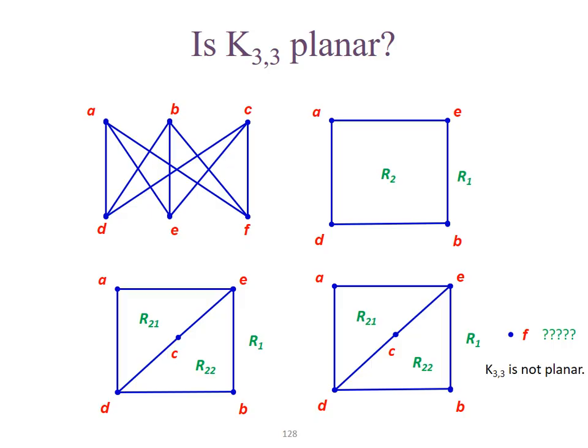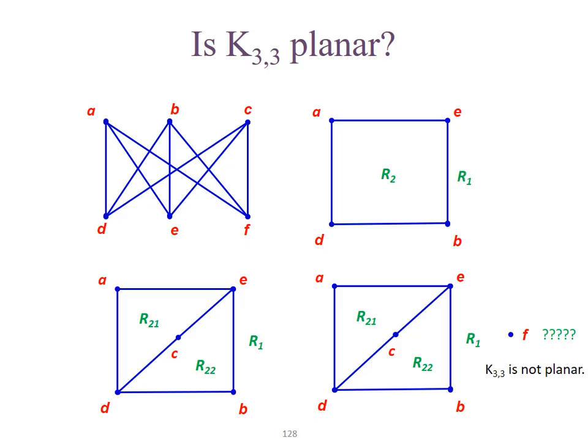So let's see what happens if we put F in the region R21. Okay, so F connects to A, B, C. Once you put F here, then connect to A, connect to C. But when F connects to B, we produce edge crossings. So F cannot be put in R21. So there's R22. Let's see, how about R1?